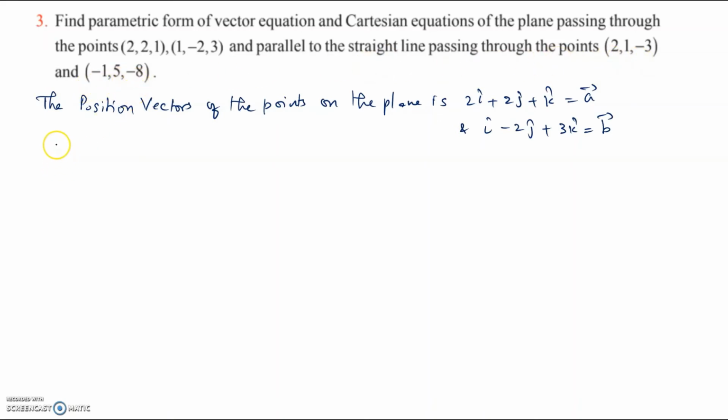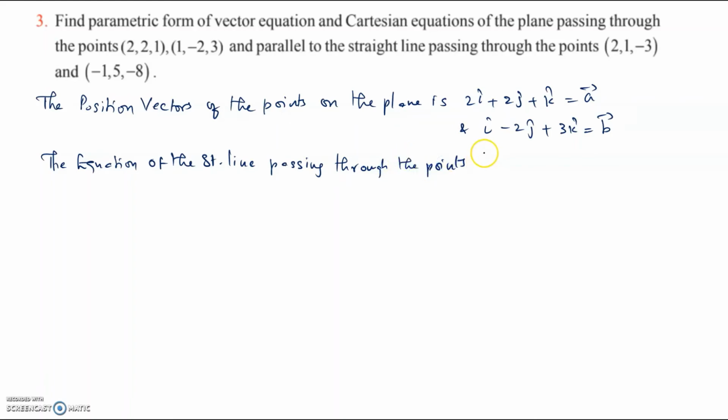Therefore, the equation of the straight line passing through the points can be written as (x minus x1) divided by (x2 minus x1).